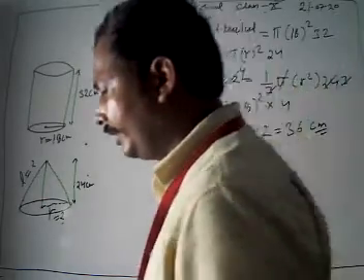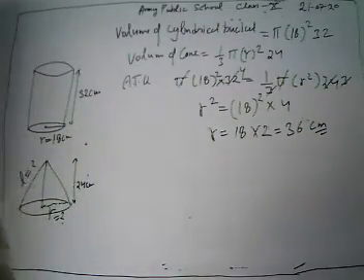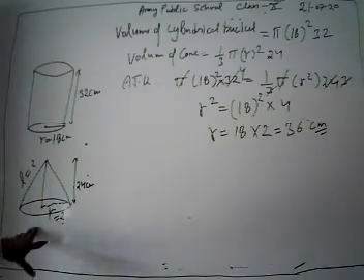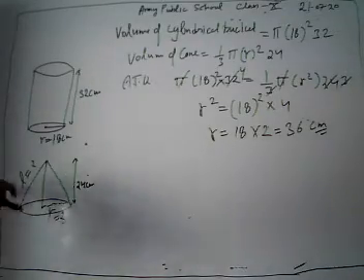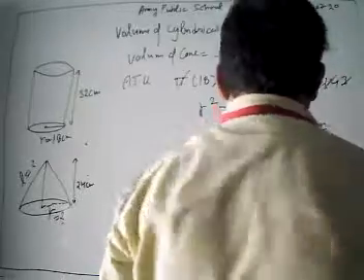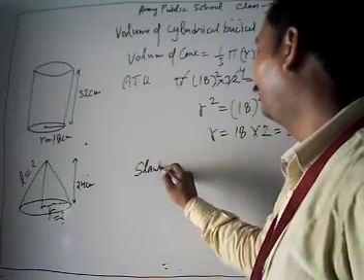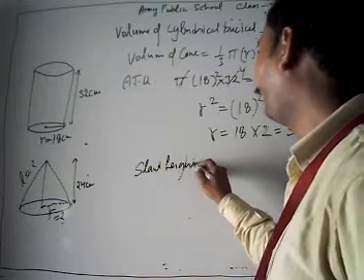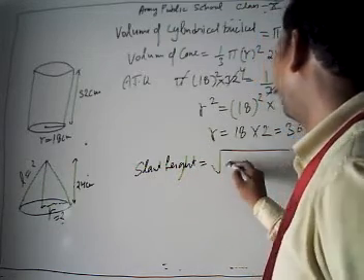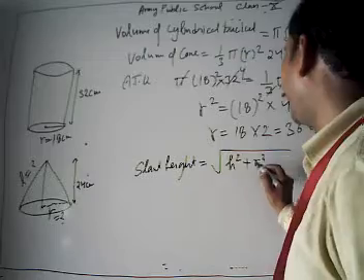After getting the radius, we have to find the slant height. What is the slant height of a cone? It is given by the square root of h square plus r square.